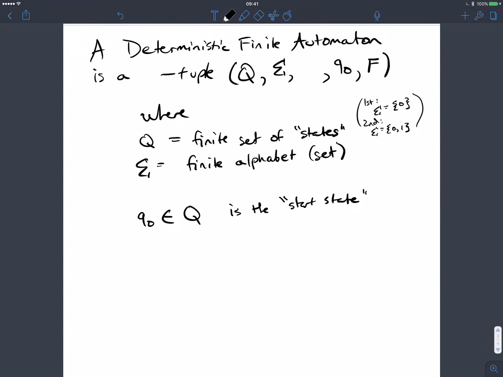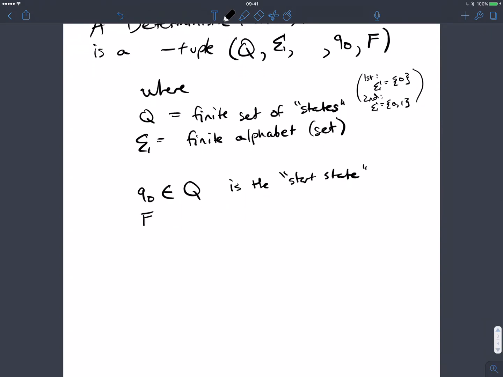I don't know why they did F for final, but not S for states. Notation's weird in this field. So F is an arbitrary subset of Q. This is the set of final states. It's just an arbitrary subset that you feed in as the description of this machine.